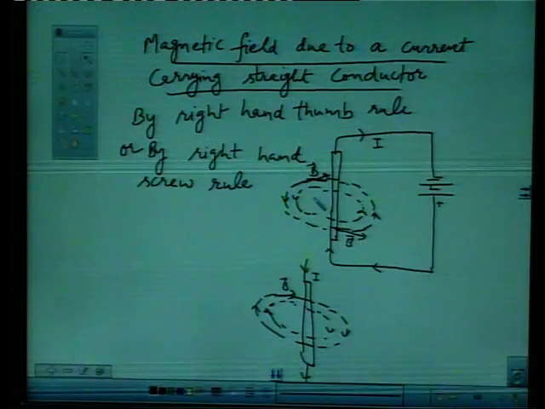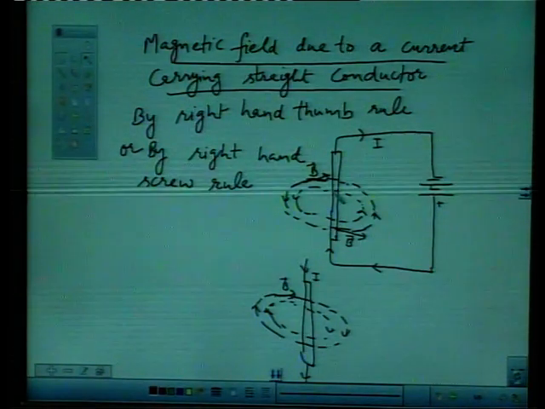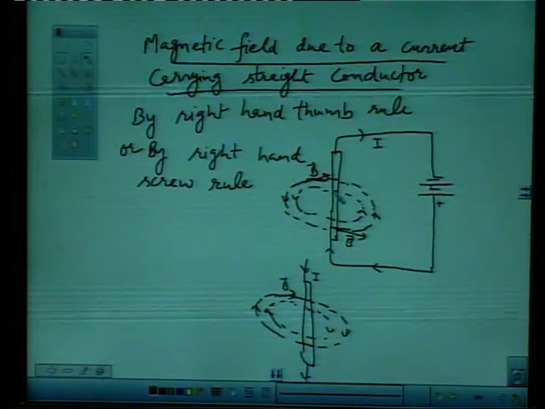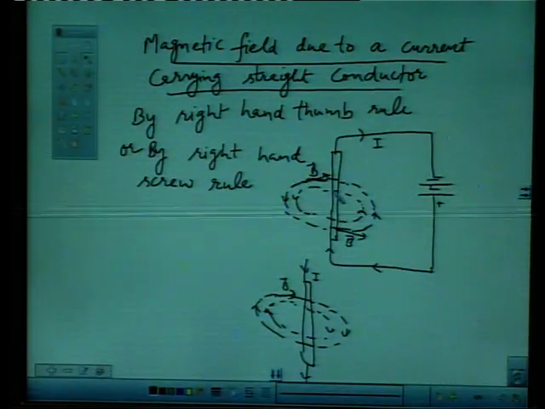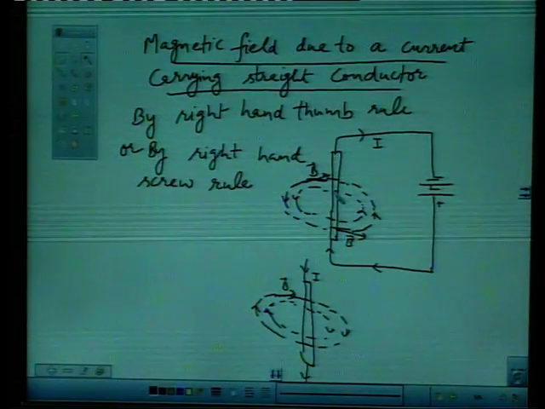One thing we must also remember that this magnetic field will be stronger near to the conductor. As we go away from the conductor, this will get weakened.